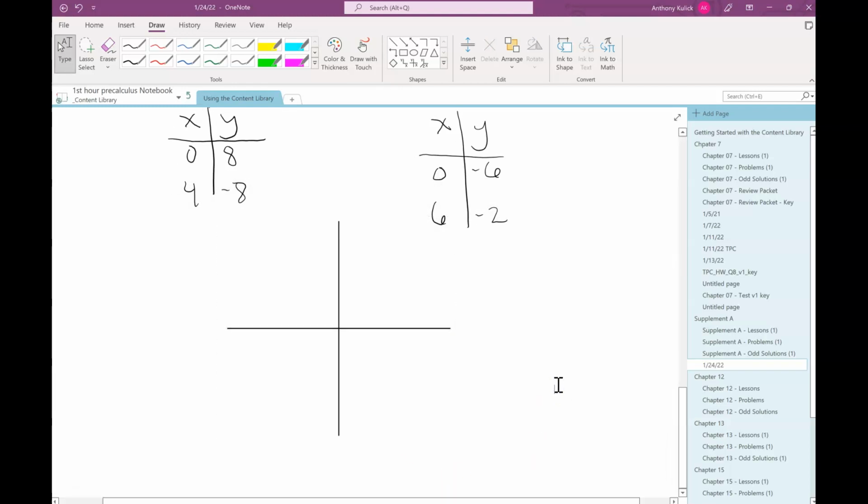So let's see. 1, 2, 3, 4, 5, 6. 1, 2, 3, 4, 5, 6, 7, 8. This graph I'm going to draw in red, and this one I'll draw in blue. So I have 0, 8, and then 4, -8.